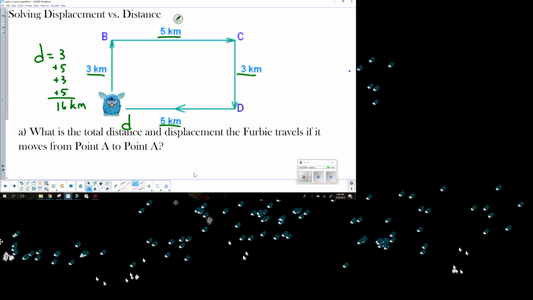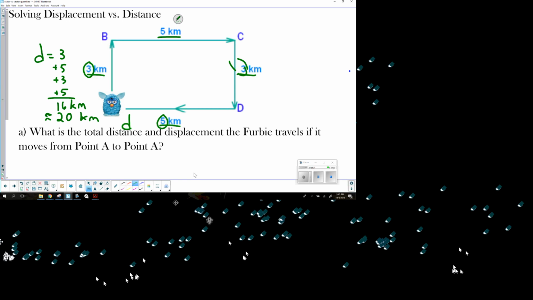And yes, technically, I round this to 1 sig fig because there's 1 sig fig in each one of these measurements, and that's going to be approximately 20 kilometers. Do these numbers add up to 20? No, but my level of precision says I can only be certain that my distance ran is around 20 kilometers.